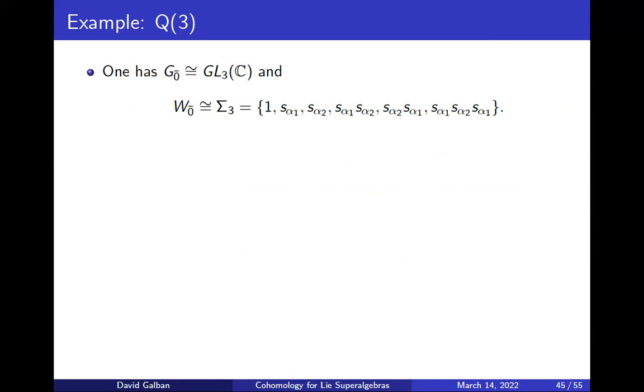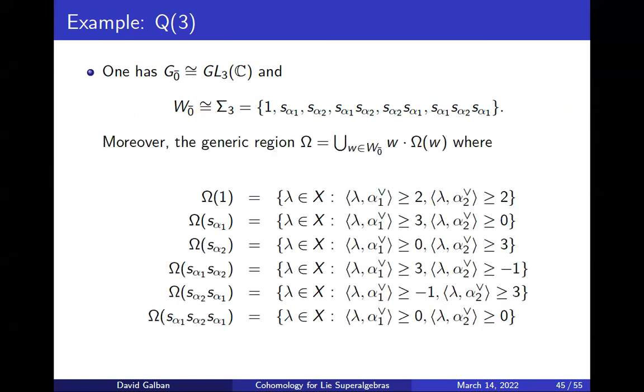Extending this to Q3 now, in this case the even Weil group is isomorphic to the symmetric group on 3 elements. And we can work out again that the generic regions, the omega of W's, will be all the weights satisfying the conditions listed.